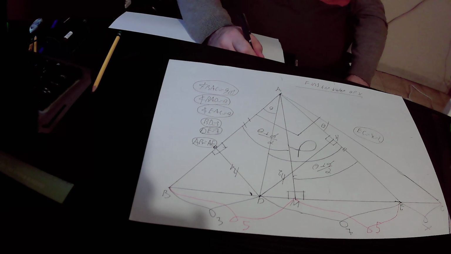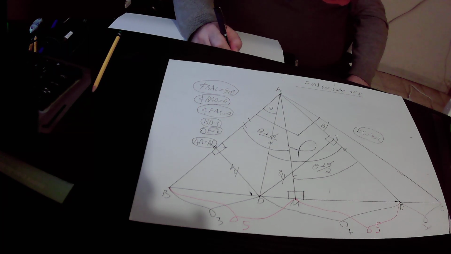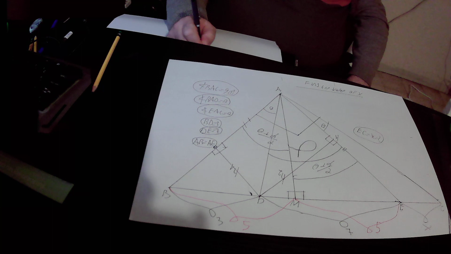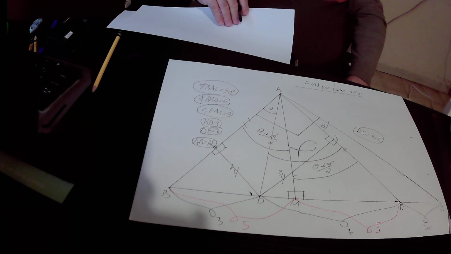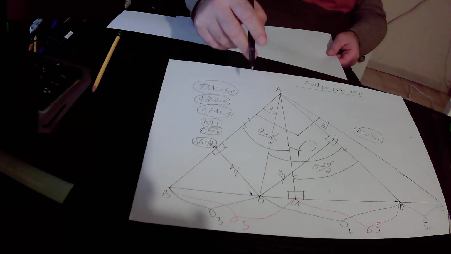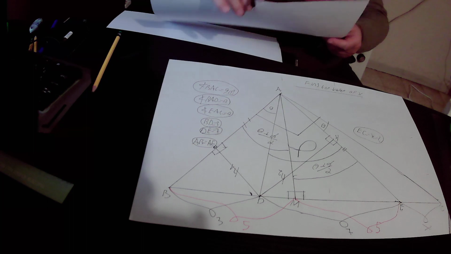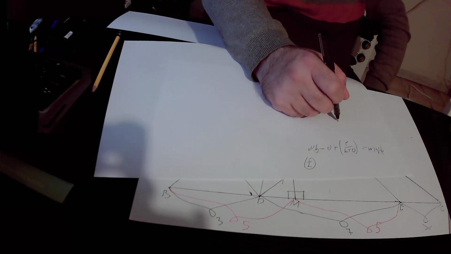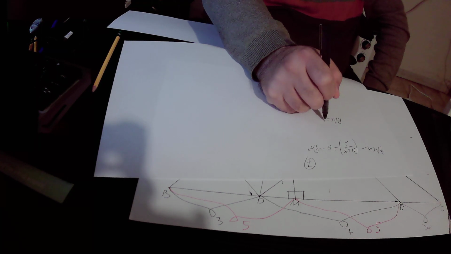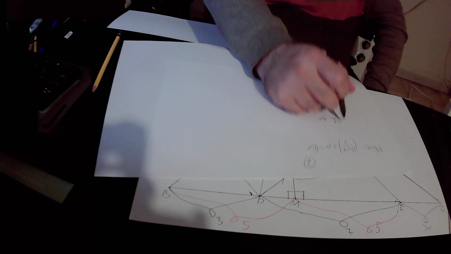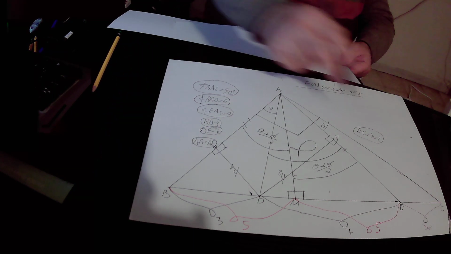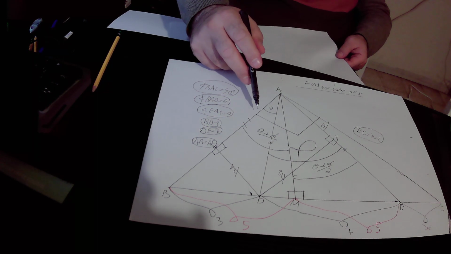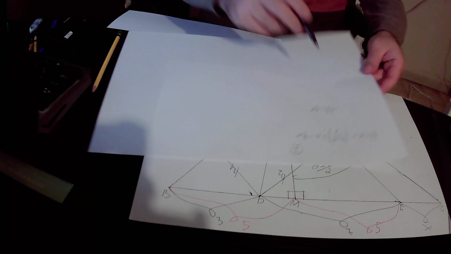We found out that angle ACM is equal to theta plus alpha over 2 plus theta minus 90 degrees, but from one side angle BAC is equal to 90 degrees, and from the other side angle BAC is equal to theta plus alpha plus theta, that is to say 2 theta plus alpha.